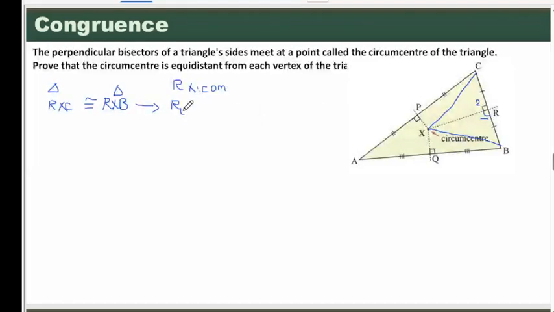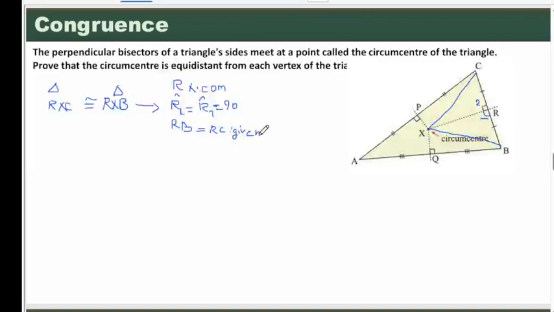The angle R1 equals angle R2 equals 90 degrees. And now RB equals RC. That is given information, so I only write given.